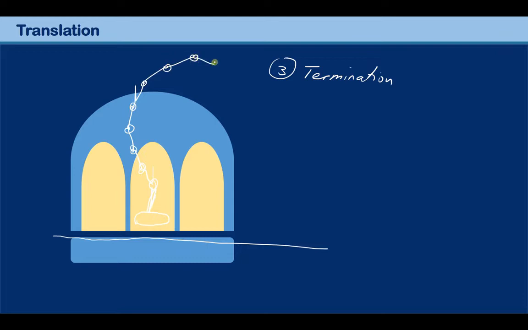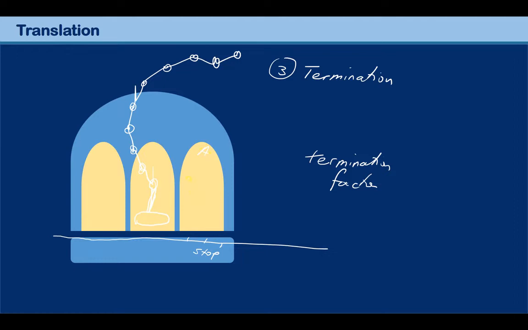Pretty long, maybe 100 amino acids long, and then it reaches over here a stop codon. And there are 3 of them, and for this there is no tRNA. And what will happen is the following: a so-called termination factor, that's a protein, will go into the A site instead of a tRNA.